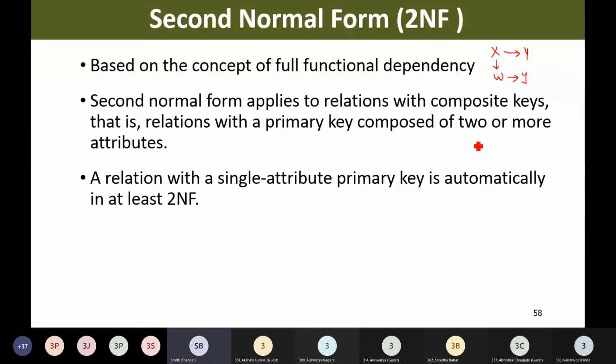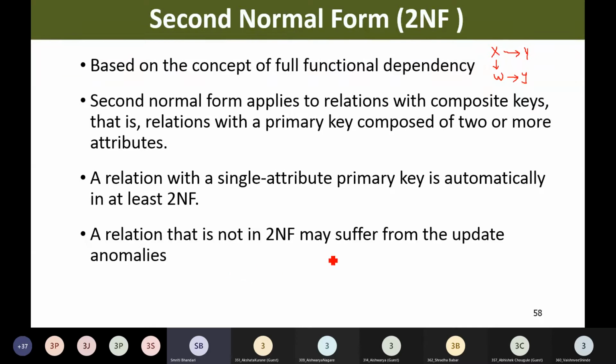But if the primary key is composed of two or more attributes, then there is a chance that we have some partial dependencies in that relation. And there is a scope now to go for a further higher form, that is 2NF, right?